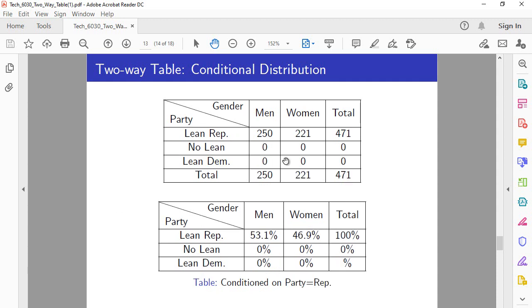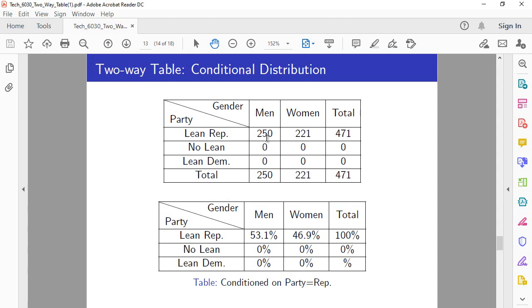So here again I'm now conditioning on party equal to the Republican Party. That means the count for no lean and lean Democratic Party will be 0. The counts for each of the cells corresponding to the party value no lean would be 0, and the counts for each of the cells corresponding to the party value lean Democratic Party would be 0.